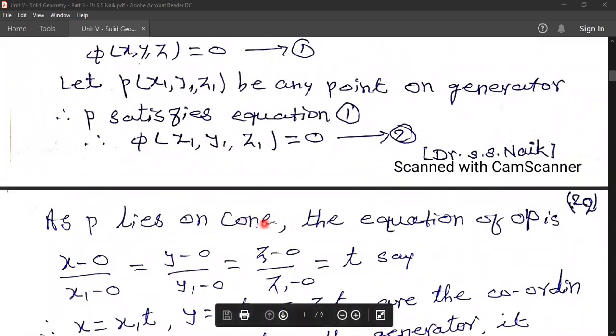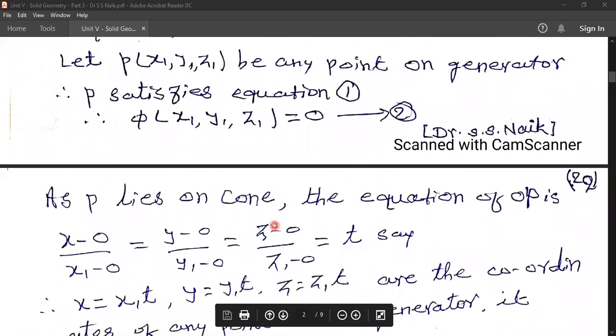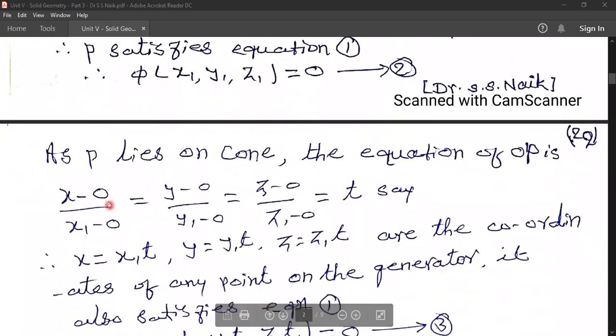As P lies on the cone, the equation of OP is (x minus 0) divided by (x1 minus 0) equals (y minus 0) divided by (y1 minus 0) equals (z minus 0) divided by (z1 minus 0), since O is the origin (0, 0, 0). We call this common ratio t, for example.